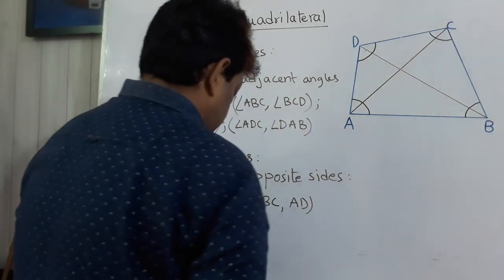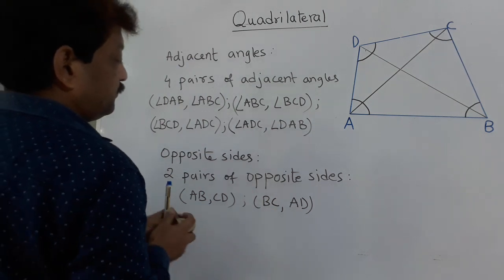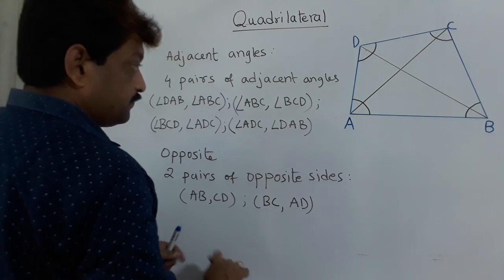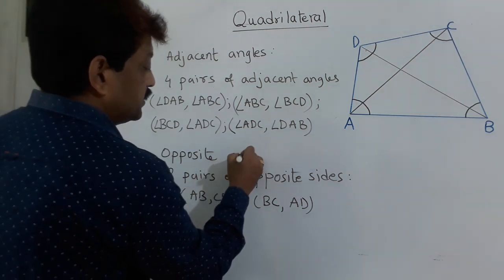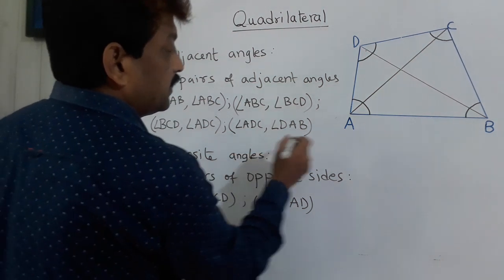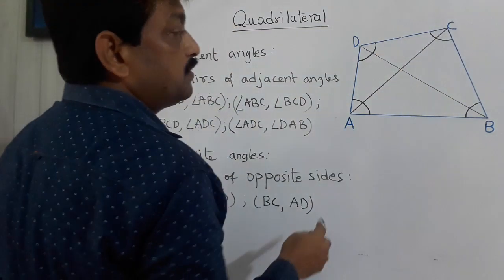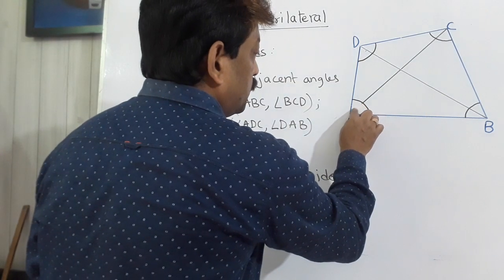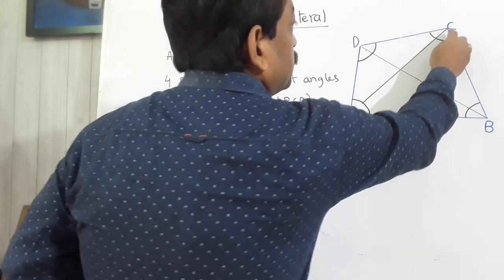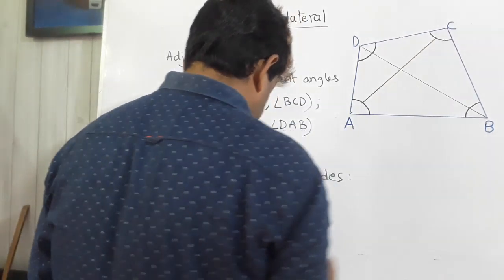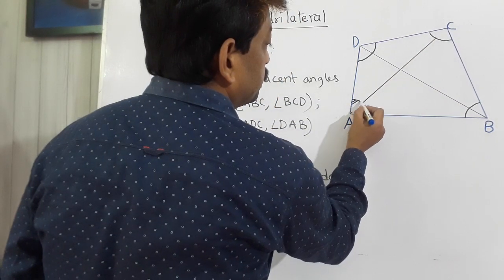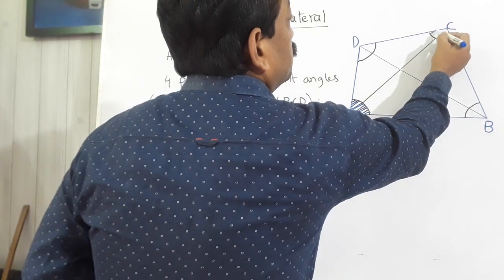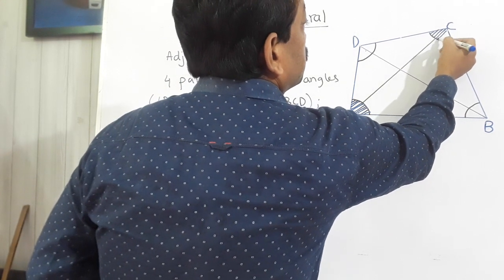Okay. Next, opposite angles. Which are the opposite angles? You can see from the figure that angle A and angle C are opposite angles.